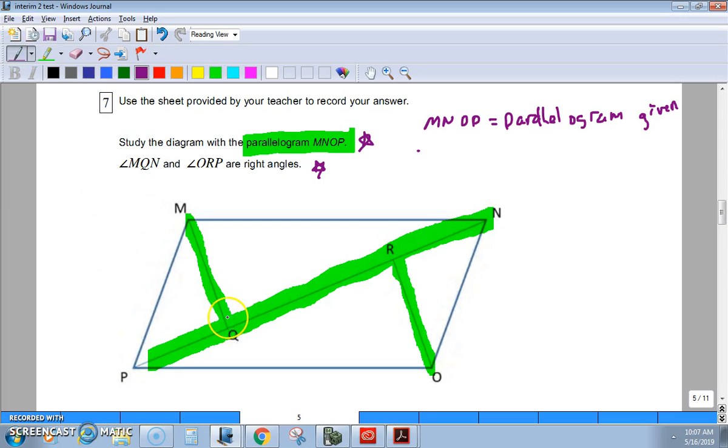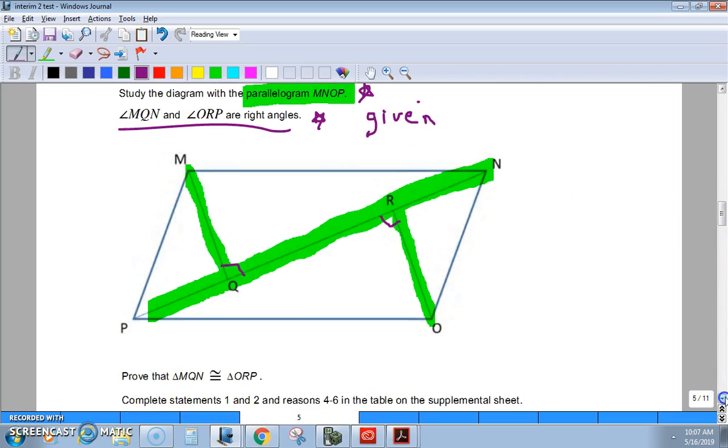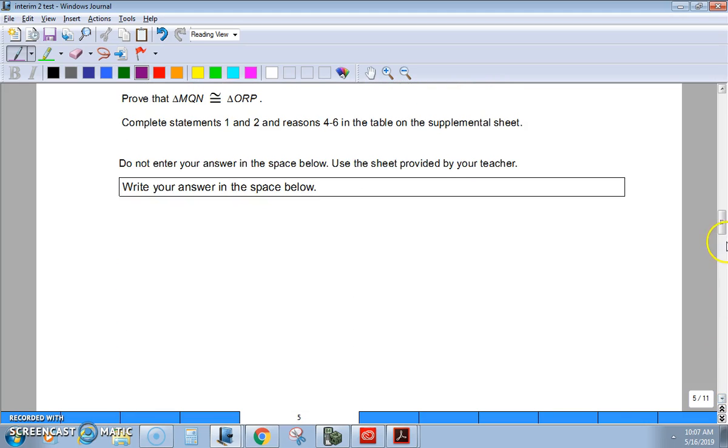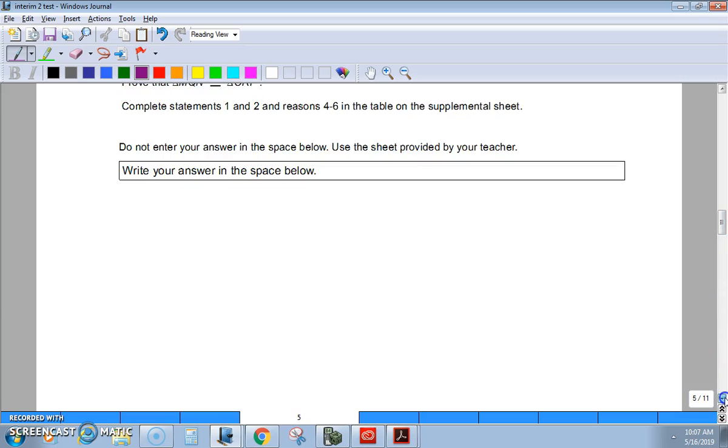So here and here are both right angles. That's given, so in this case you can just write exactly what that is. And then the reason or the evidence is given. So there's your two givens. Let's go finish this up. So we're trying to prove those are correct.